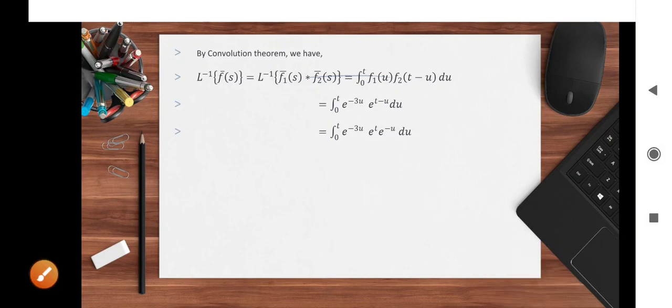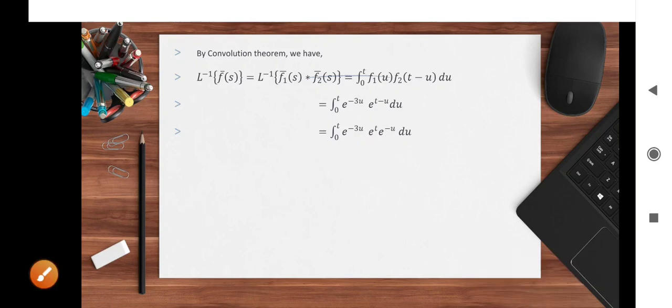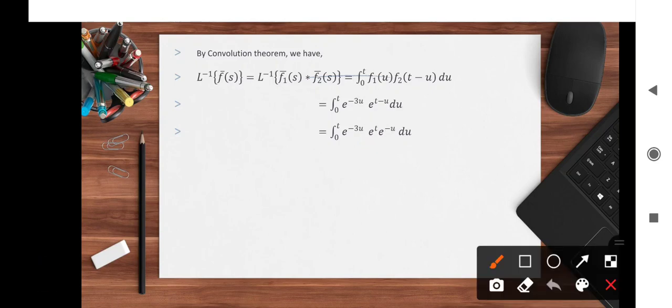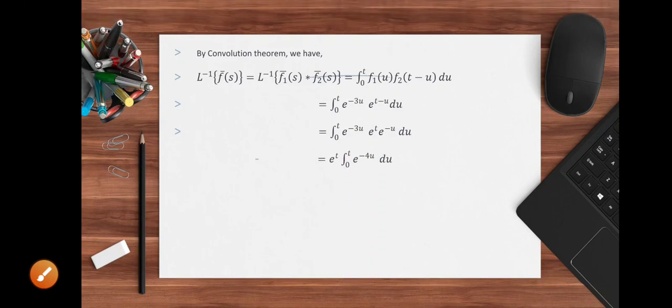Now, as discussed earlier, whatever term does not have any u function will be treated as a constant with respect to u. So here e raised to t is a constant multiplier, and by again applying the law of indices for the first and third exponential terms, you get the next term as e raised to t, which is constant with respect to u, outside the integration, and integration from 0 to t of e raised to minus 4u.